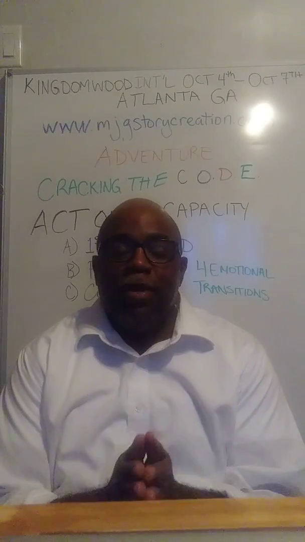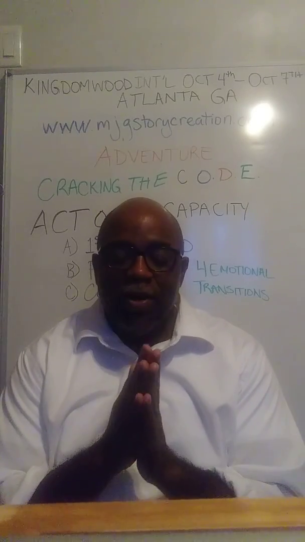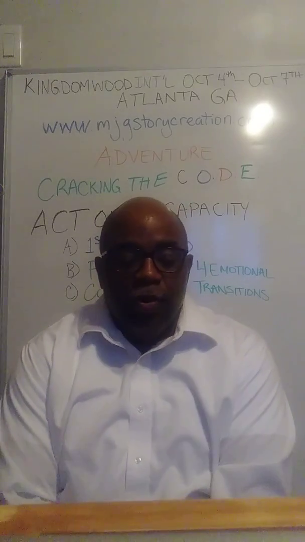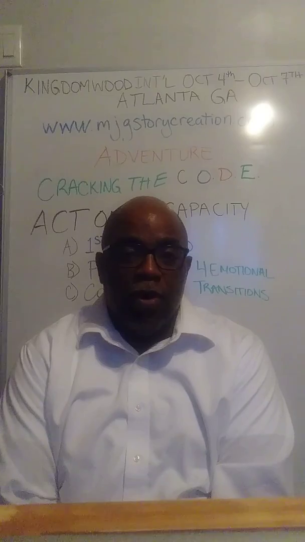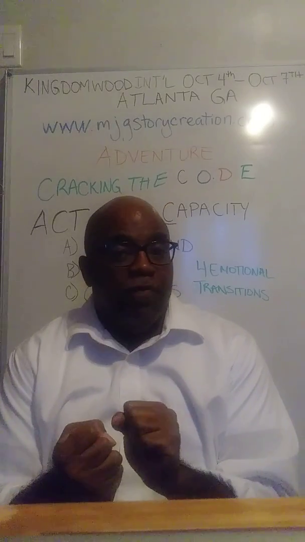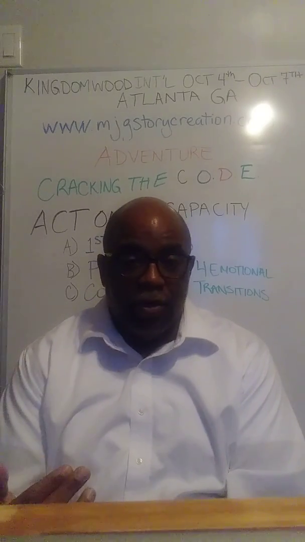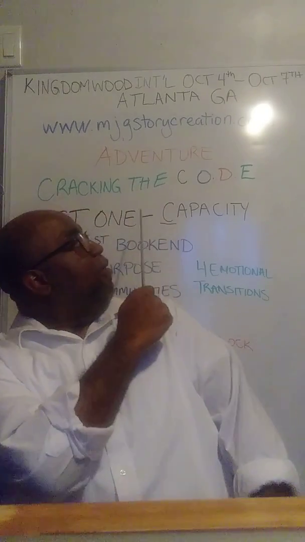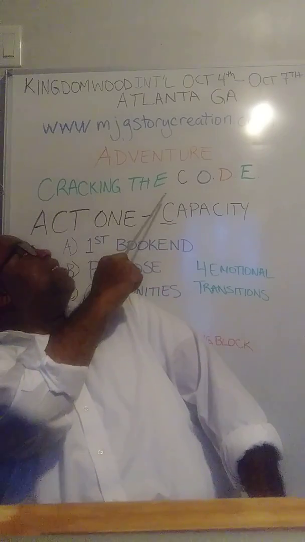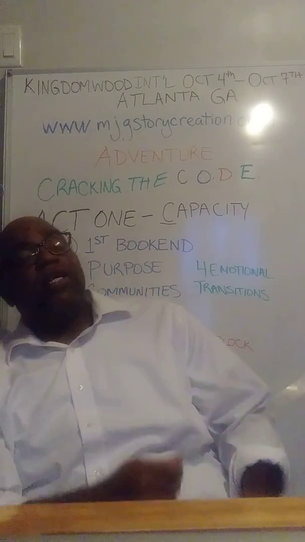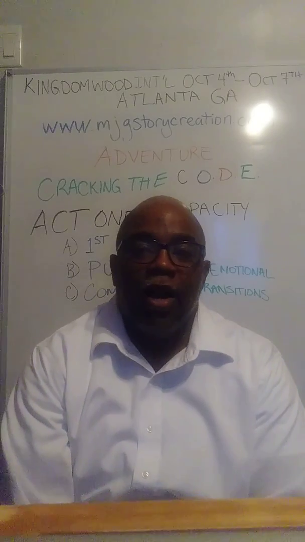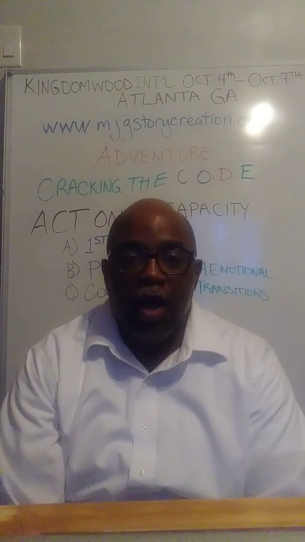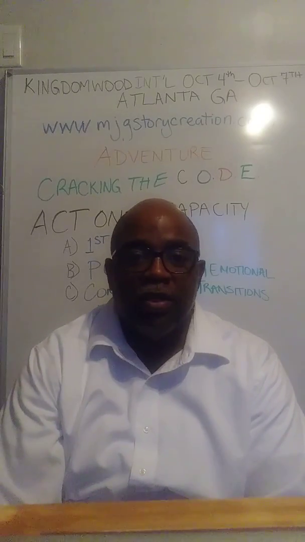I am very excited because we are talking about and breaking down Adventure, the story unit Adventure, all week long. And so in order to help you guys remember the reason for the four acts and their structure, I've come up with an acronym: CODE, because we need to crack the code on how to create a great adventure that our audience is going to be excited about and enthralled with.